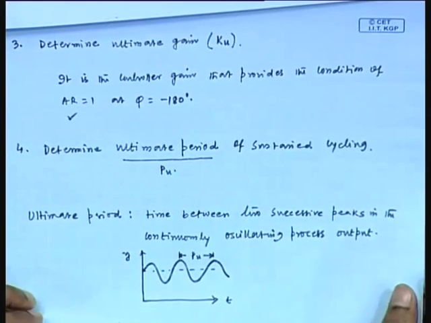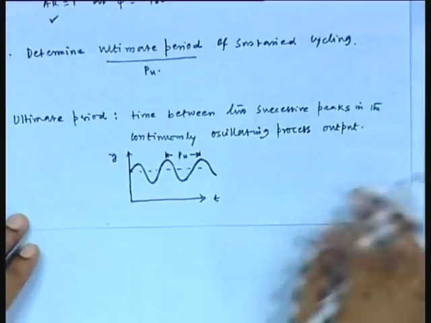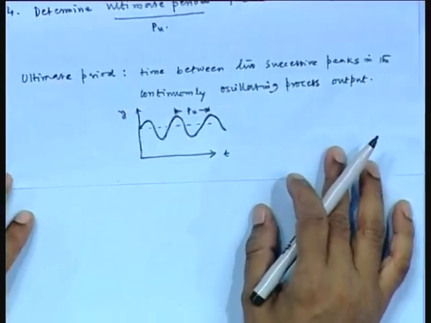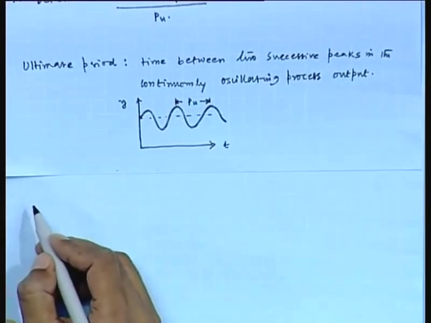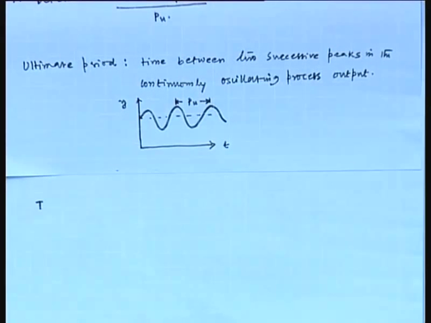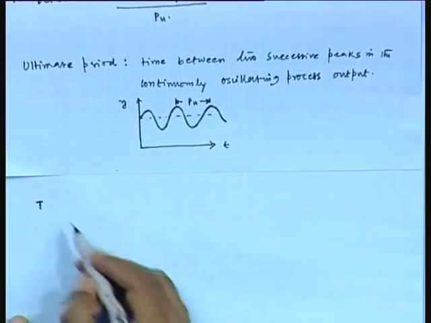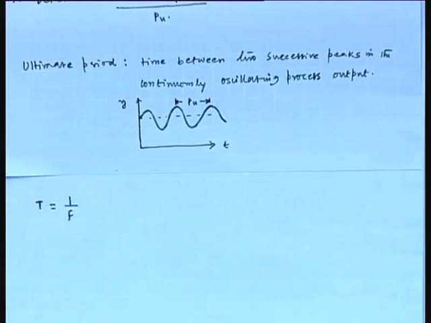Now, we can determine it also mathematically. What is period of oscillation, which we represented earlier by T? Period of oscillation T equal to 1 by f. F is the cyclical frequency.